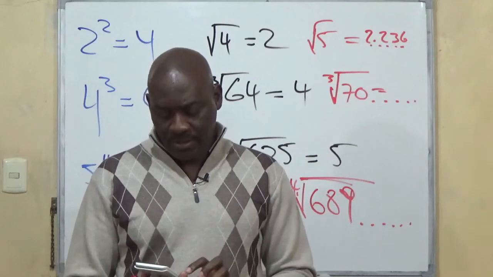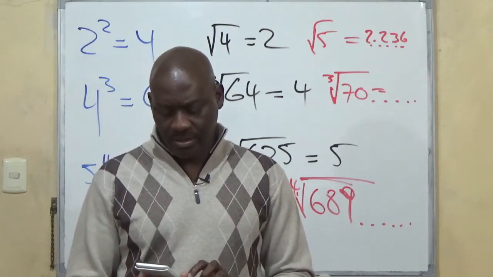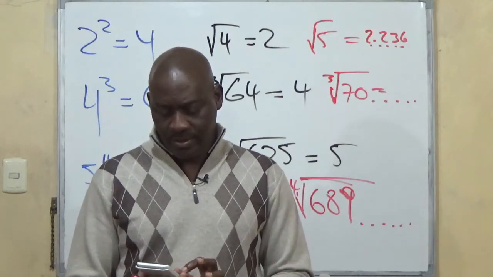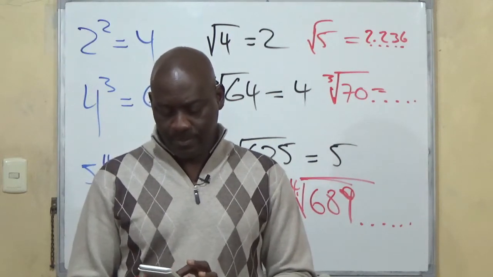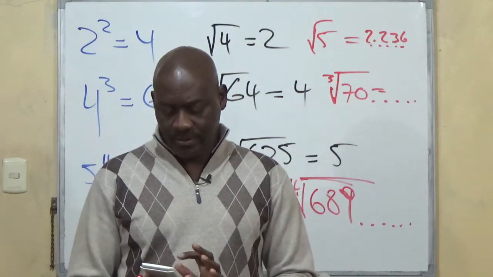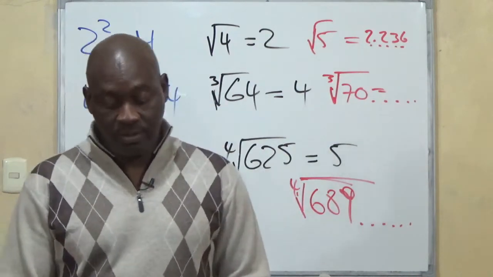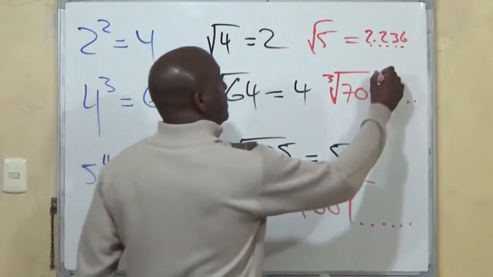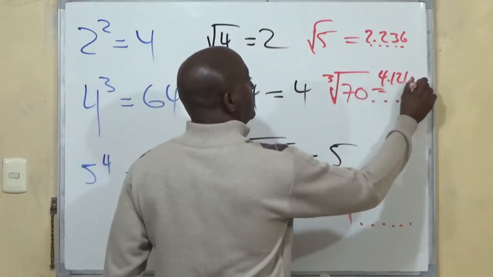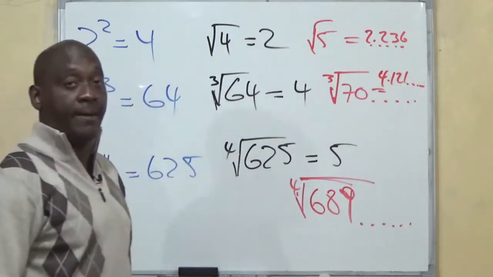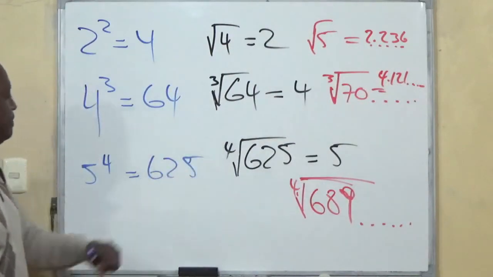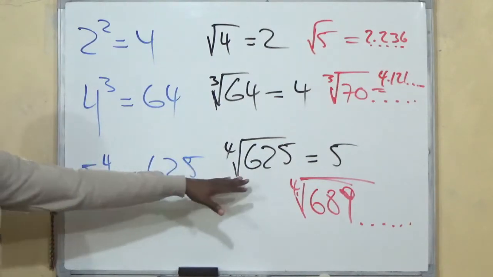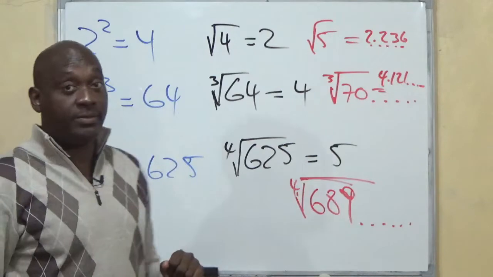So the cube root of 70 is equal to 4.1212853 going down the road. See what's happening there? Same story here with 5 to the power of 4, 625, the fourth root of 625.